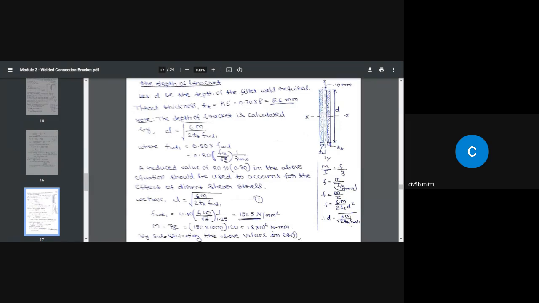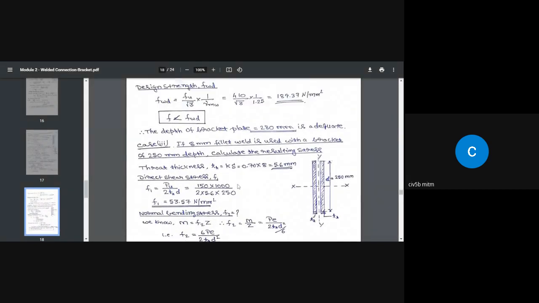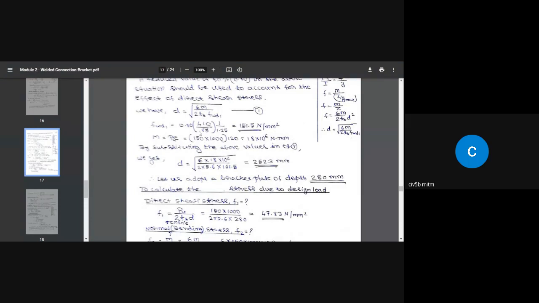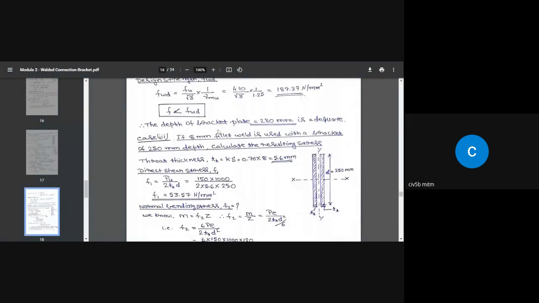Instead of doing this, can we directly find out what is D? Yes, of course you can do it. It is painful, however I have done that. I'm going to show it to you and explain it. But it is better you stick to the method of taking 0.80 multiplied by this value, because this is easier.